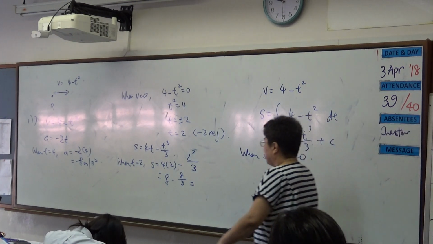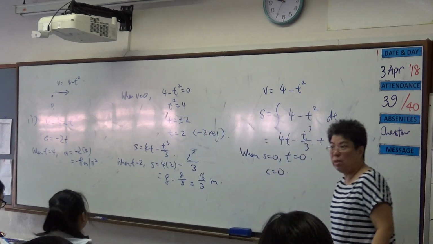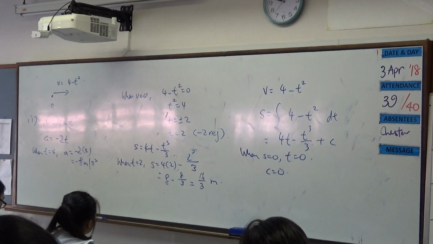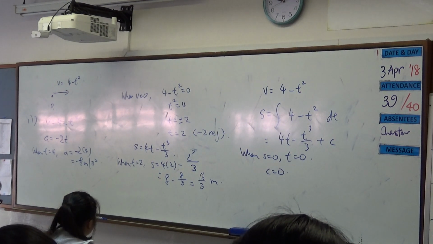Is it correct? 5 1/3. So 16 over 3 meters or 5 1/3 meters. Everybody clear? Alright, good. Can I move on to example 5?